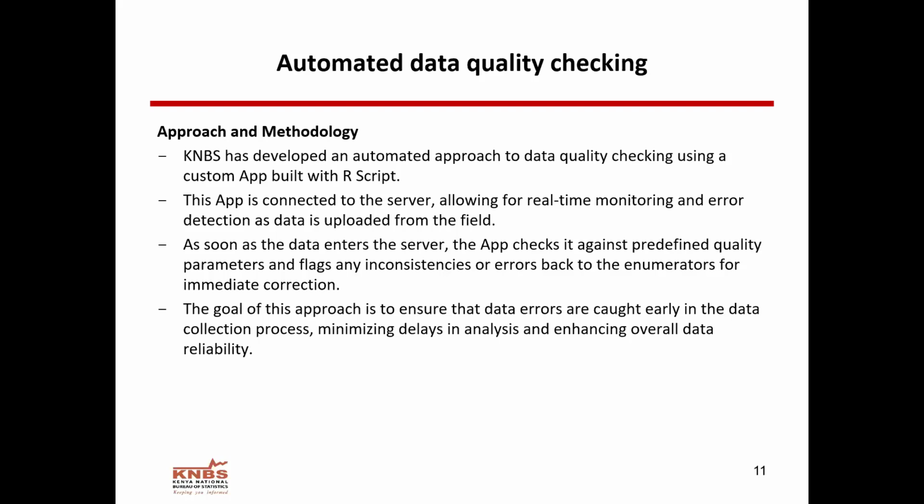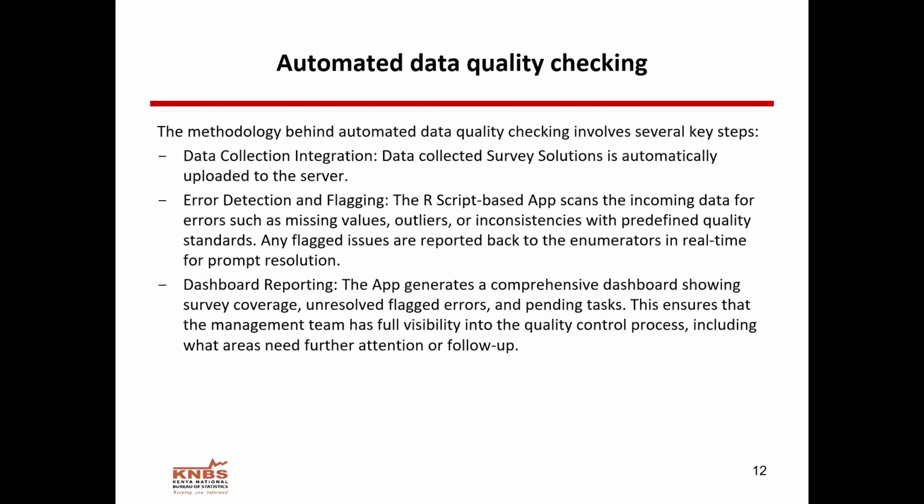As soon as the data enters the server, the app checks it against predefined quality parameters and flags any inconsistencies or errors back to the enumerator for immediate correction. The goal for this approach is to ensure that data errors are caught early in the data collection process, minimizing delays in the analysis and enhancing overall data reliability. Next slide.